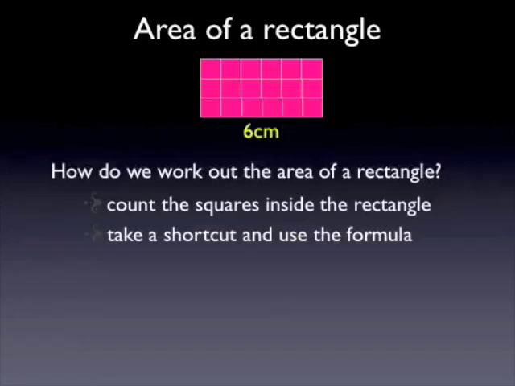If that's 6 centimetres, there's a row of 6 along the bottom. And it's 3 centimetres high, so there's 3 rows of 6. So it's a row of 6 along the bottom, another row of 6 along the middle, and another row of 6 along the top.